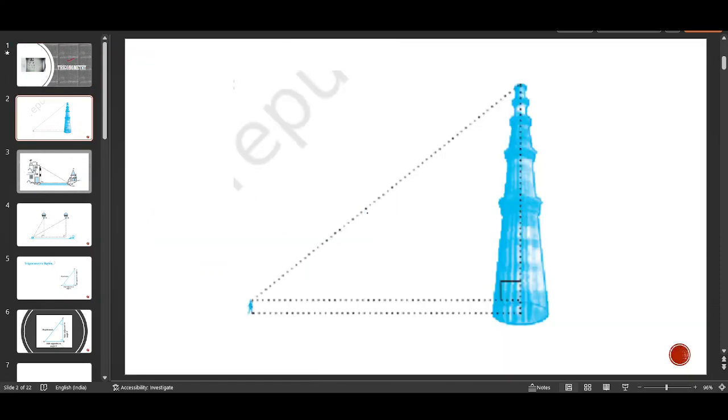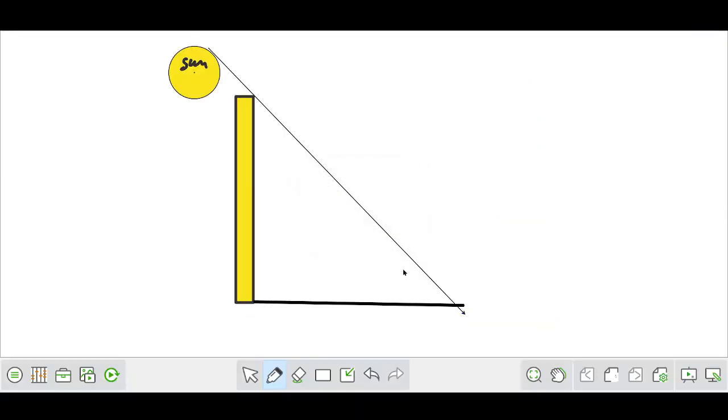Suppose you are going to school and you visit Qutub Minar. If a student is looking at the top of the Minar, a right triangle comes. Clear?